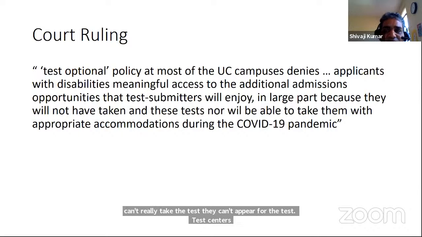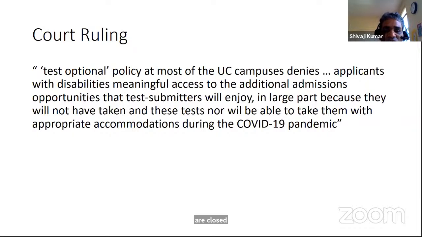Or even if they did manage to reach the test centers, there are so many factors that can put them at risk. And therefore, taking these tests would really affect their health and obviously their overall scores.